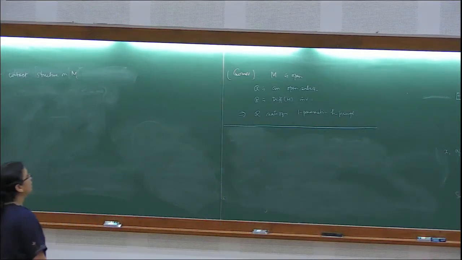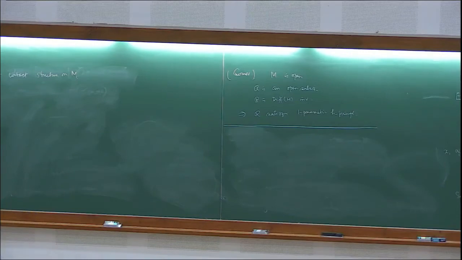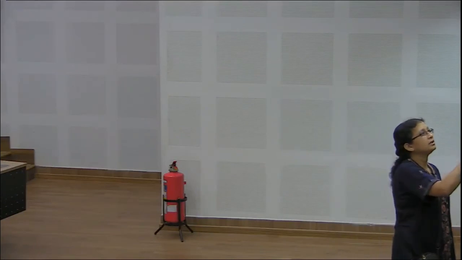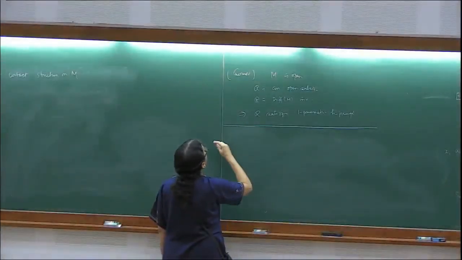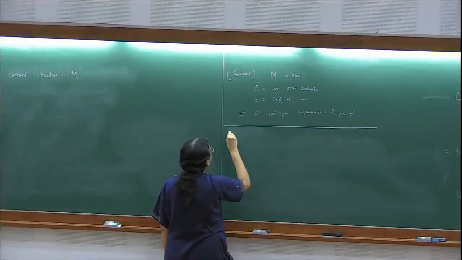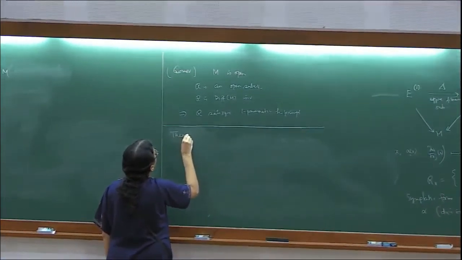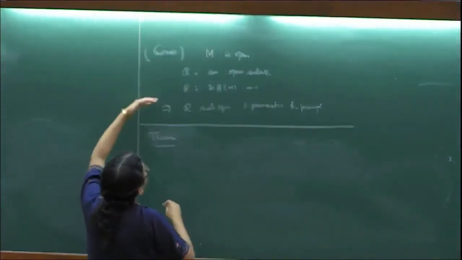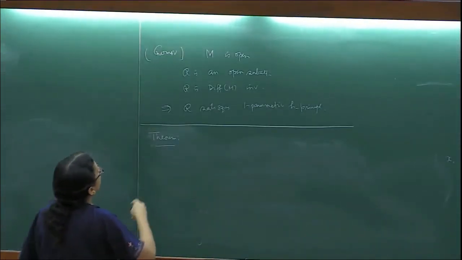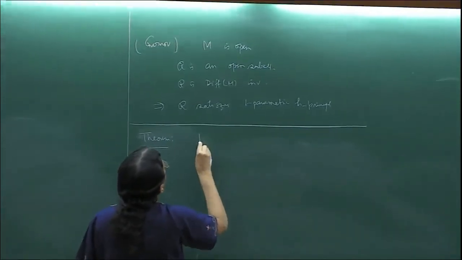Okay. So there are a lot of restrictions, as you can see. M is an open manifold, R is an open subset, R is Diff-invariant, and then certain things happen. We'll write just one step, something which again you can write as a theorem from which Gromov's theorem follows in just one step. So let's write it this way.